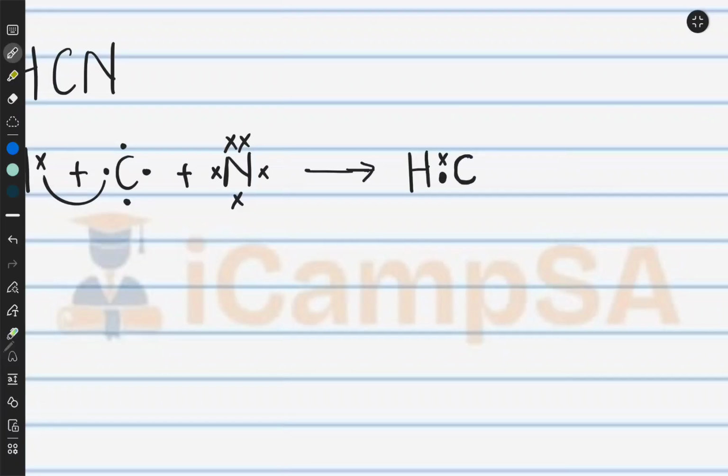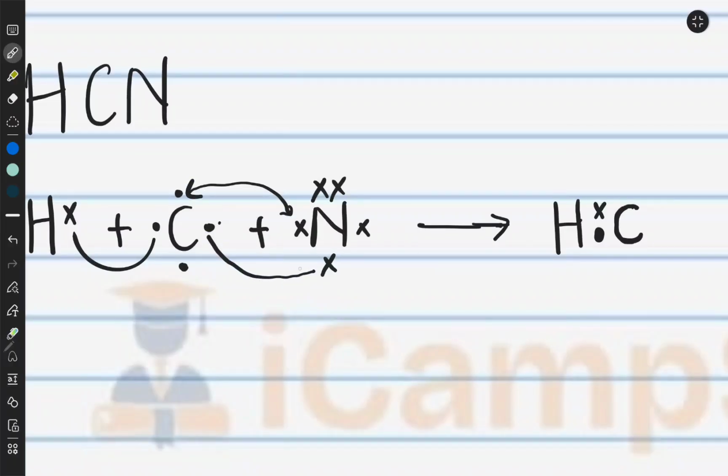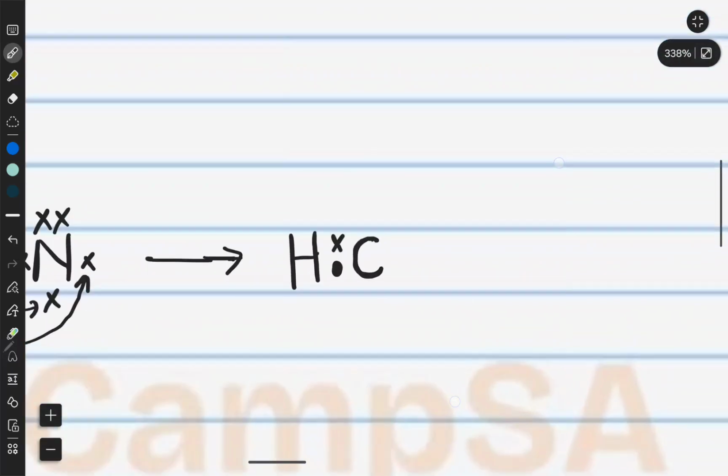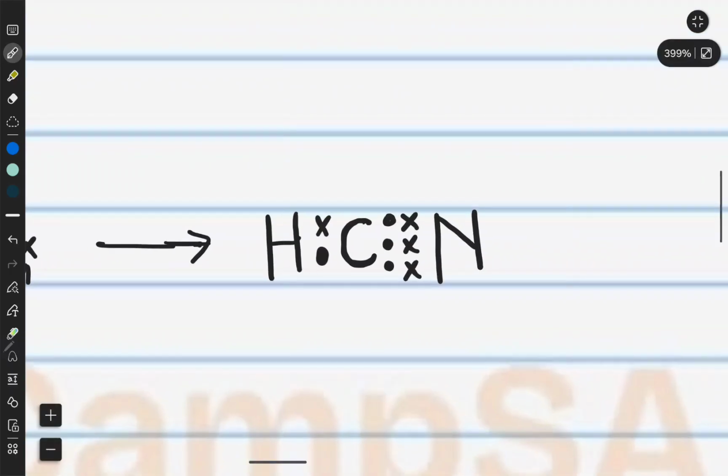Now you're left with 3 more, and these 3 remaining will then form pairs with the 3 single electrons around the nitrogen atom. So you'll have 1 forming with 1 nitrogen electron, another one with another nitrogen electron, another one, and then you have your nitrogen there as well. So that's what happens.